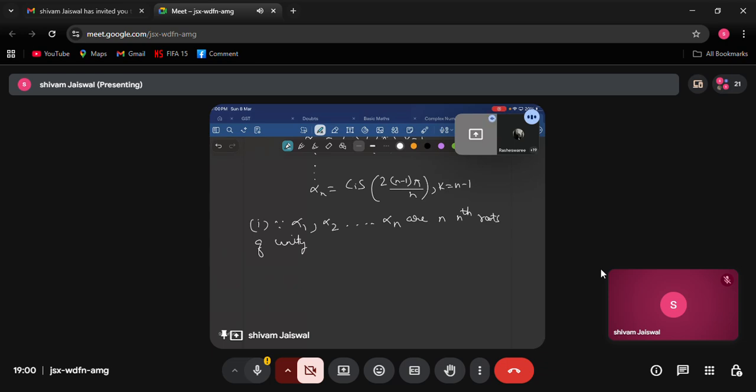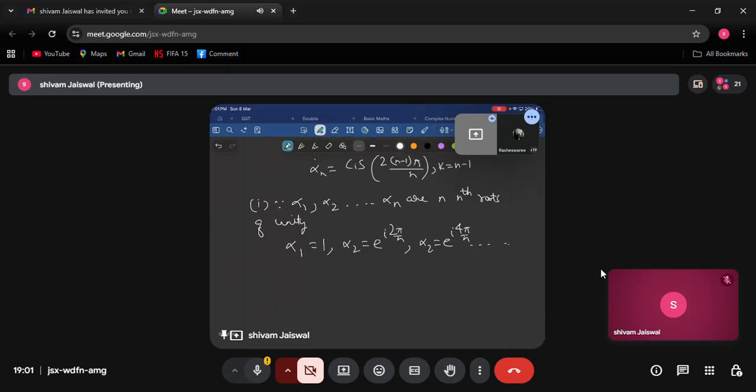We can say alpha 1 is equal to 1, alpha 2 is equal to e to the power i 2 pi by n, alpha 3 is equal to e to the power i 4 pi by n, and so on.